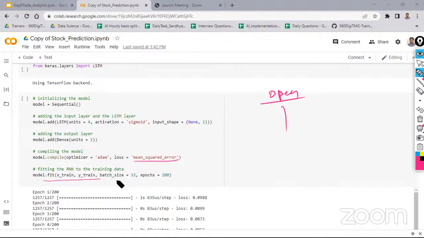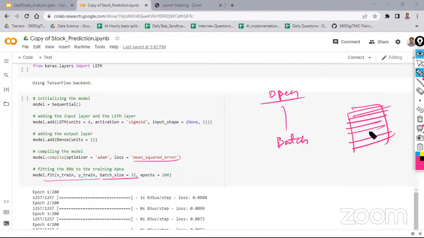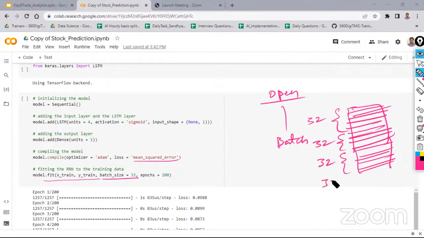Now we fit the model with batch size. Batch size is going to decide, let's say for example, we have 1000 data. It is going to split batch-wise, 32, 32, 32, 32, till it covers 1000.